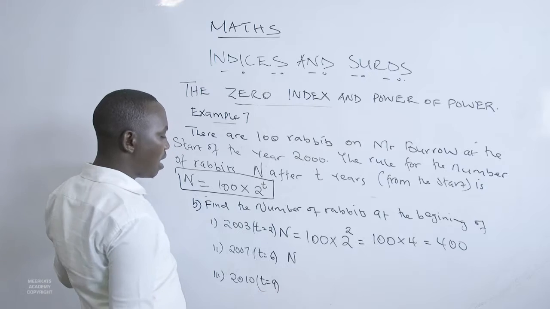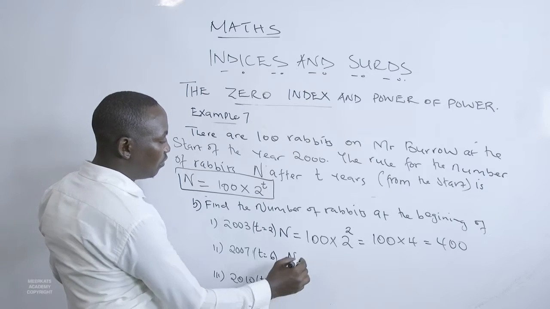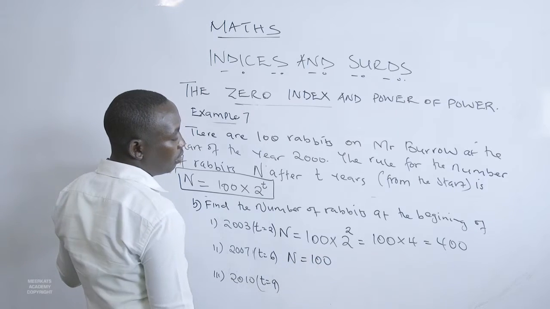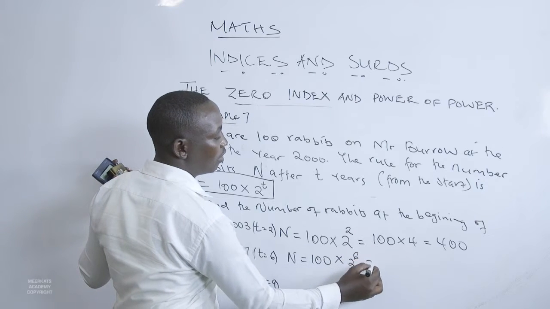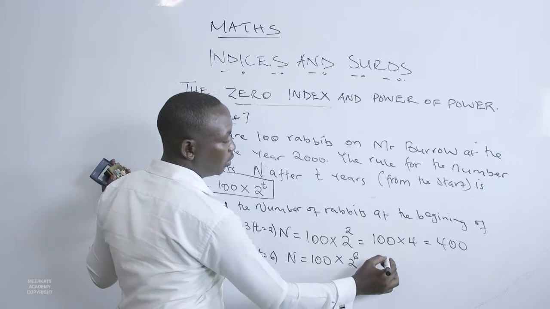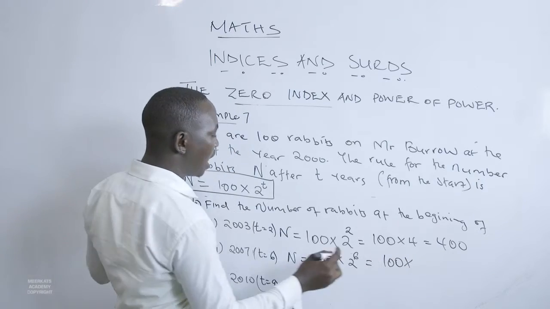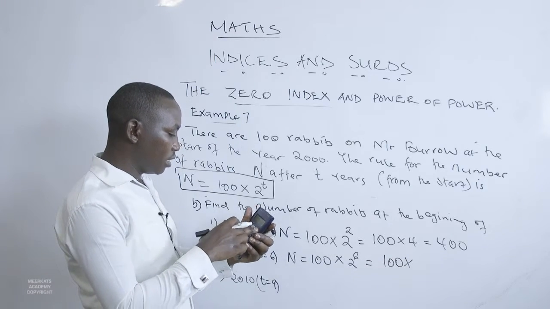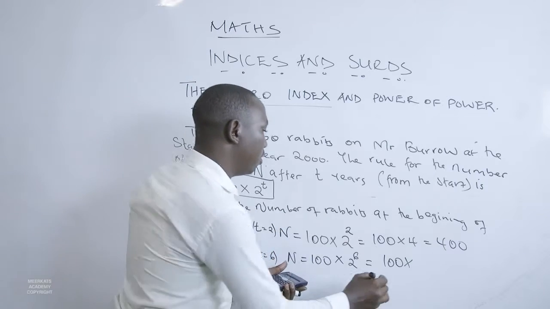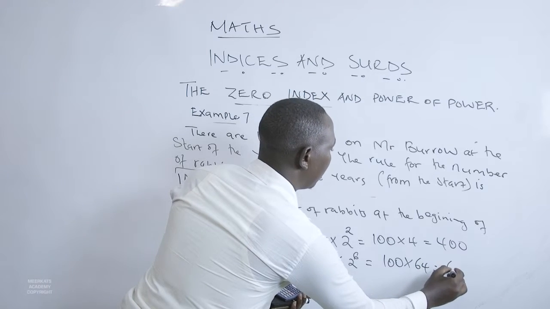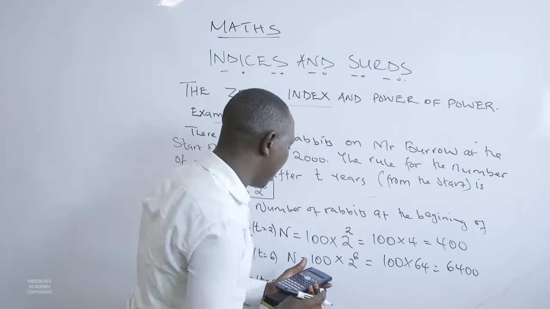For the second, at the beginning of the year 2007, n again shall be equal to 100 times 2 raised to the number of years, which is 6, which will give us 100 times 2 raised to 6, is 64, which will give us 6,400 rabbits.